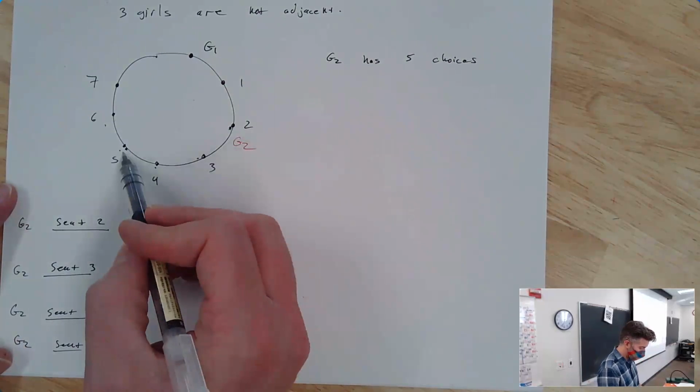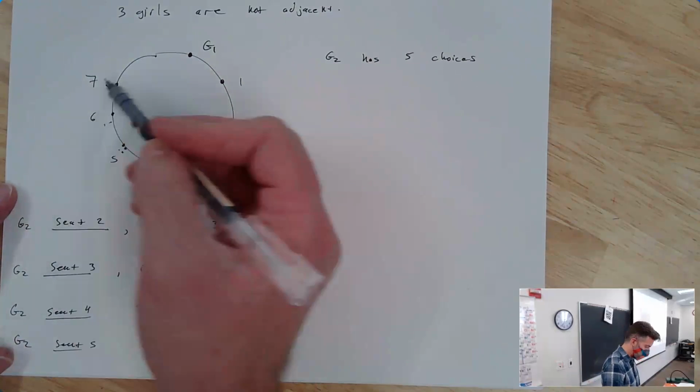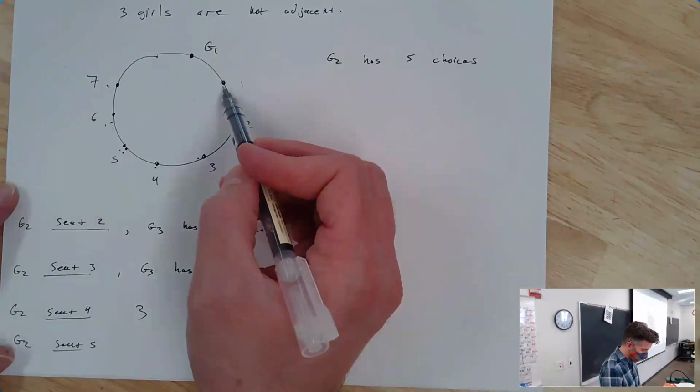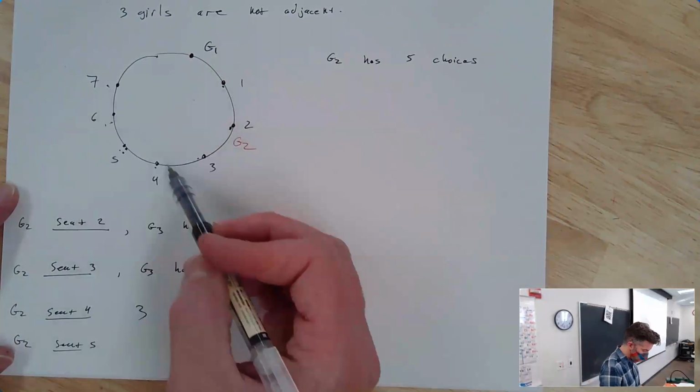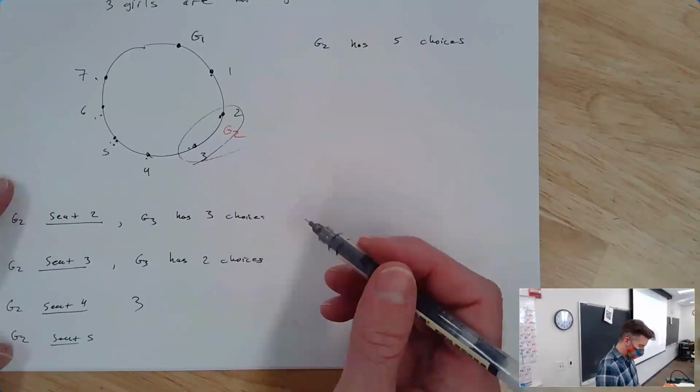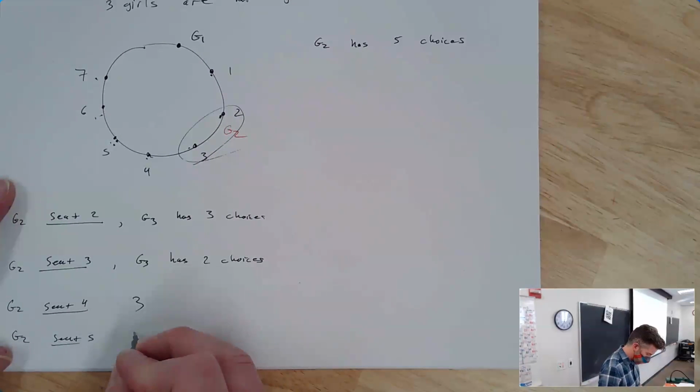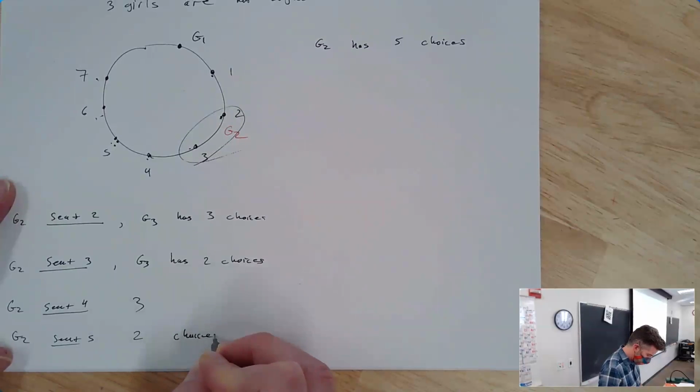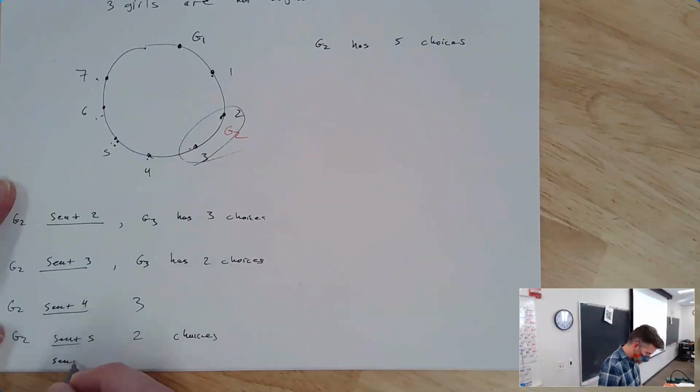Because in seat 5, she can't sit in seat 6 or 7, or seat 1, or 4. There's only 3 and 2. Interesting. So in seat 5, there are 2 choices. And in seat 6, there are 3 choices.